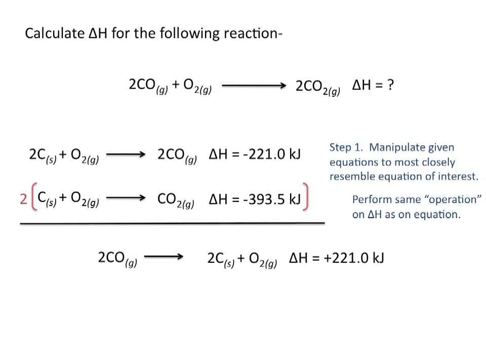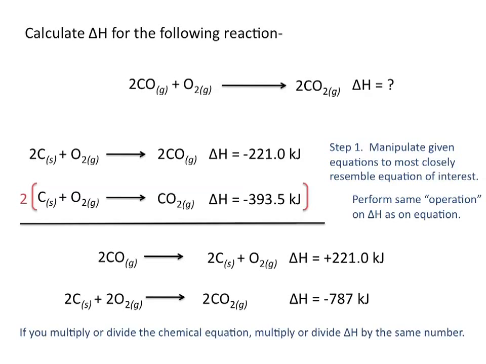I think it helps to draw parentheses around the entire equation. So this gives us 2 carbon plus 2 O2 gives us 2 CO2. And again, I want to perform the same operation on delta H as I did on the equation. So if I multiplied the equation by 2, I need to multiply the delta H value by 2.